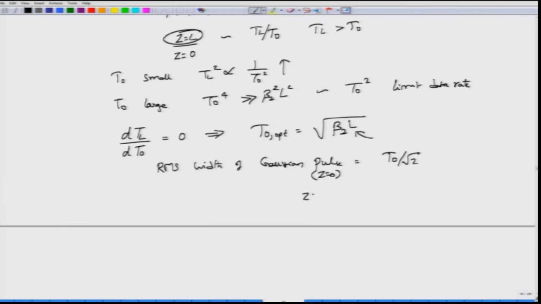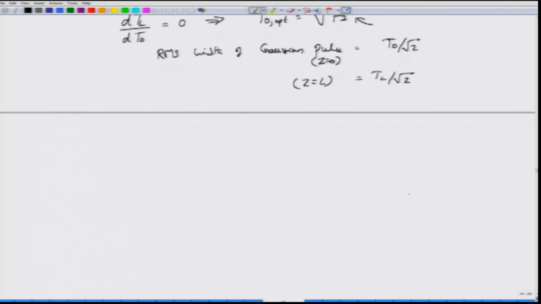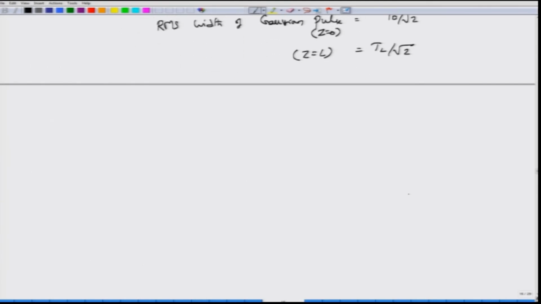And the same RMS width at z equal to L will be given by TL by root 2. It is a slightly different way of calculating. This one is rather easier, because a general Gaussian random variable is given by 1 by sigma square root 2 pi, exponential of minus x square by 2 sigma square, and this sigma is essentially the root mean square width that we are looking at, and therefore this is easier to deal with in that particular case.